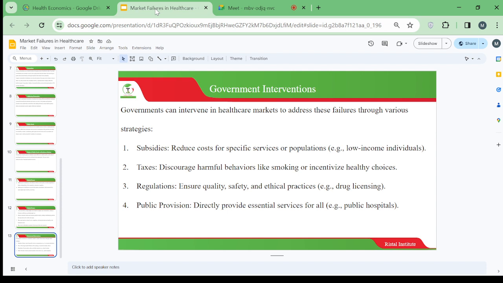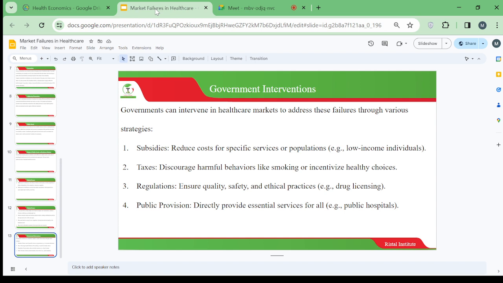So for these externalities not to happen, the government needs to make sure that people don't smoke. So by introducing taxes on things like cigarettes, it is discouraging people from smoking. So cigarettes, alcohol, all those things.